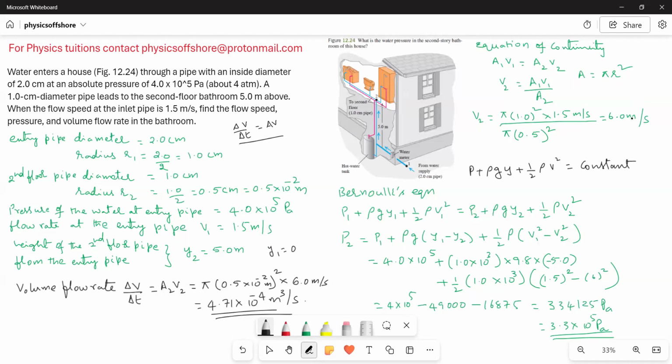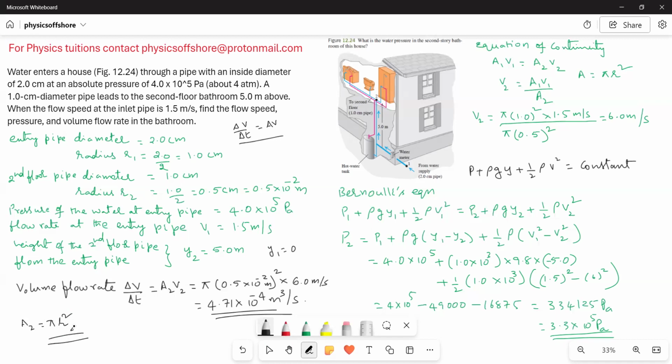Next, we have to find out the pressure and then volume flow rate in the bathroom. Here, volume flow rate is there now. So V2 is known to me, and A2 I can easily find out, A2 is equal to pi R2 square.